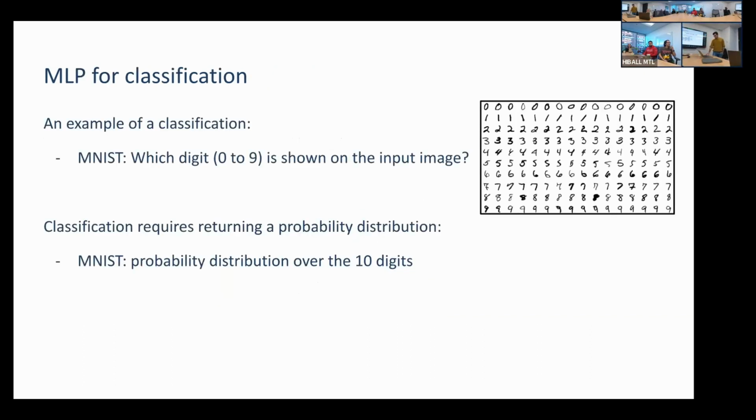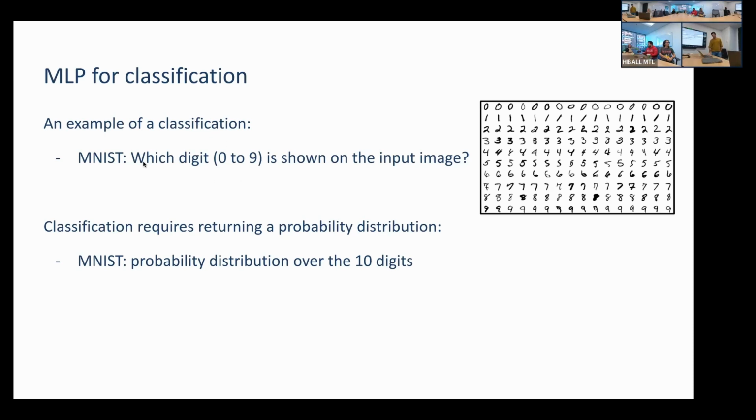So you can use this MLP for different things, but this is probably the most used data set in machine learning. It's the MNIST data set. It's a digit classification data set. You have images of handwritten digits 0 to 9. You give the images as input. The network should basically tell us which digit that image contains.